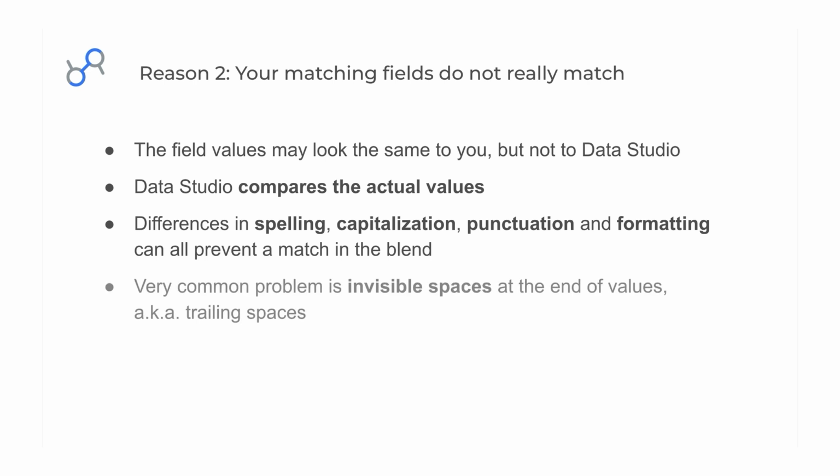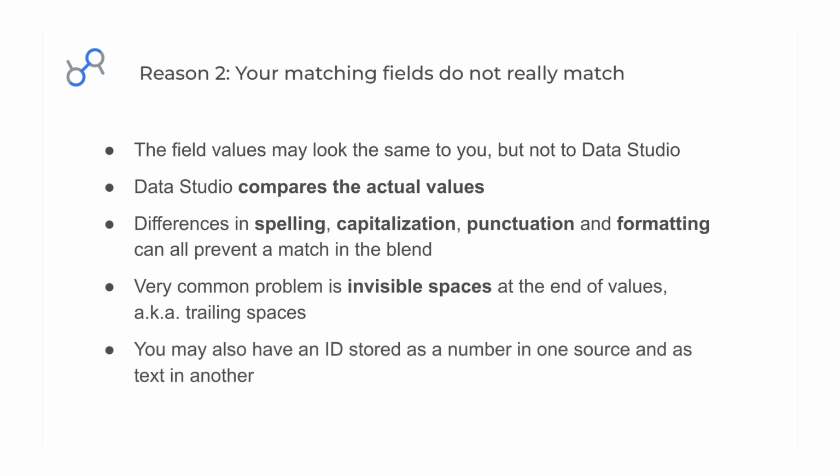A particularly common problem is an invisible space at the end of a value, also known as trailing spaces. You may see summer sale in both tables, but one of those values may actually be summer sale followed by an extra space. They look identical on screen, but they're not identical values.